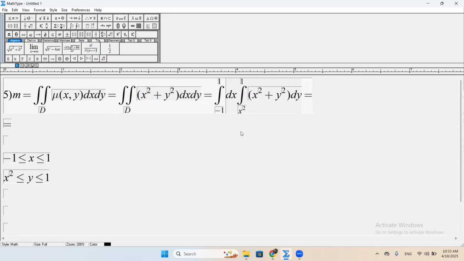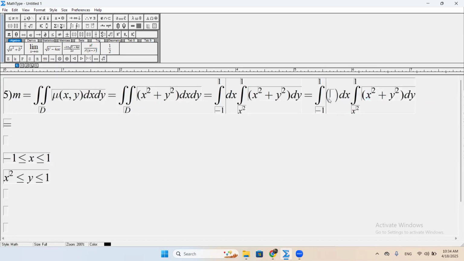So let's integrate it. So what do we have? So the following integral will be the following antiderivative.